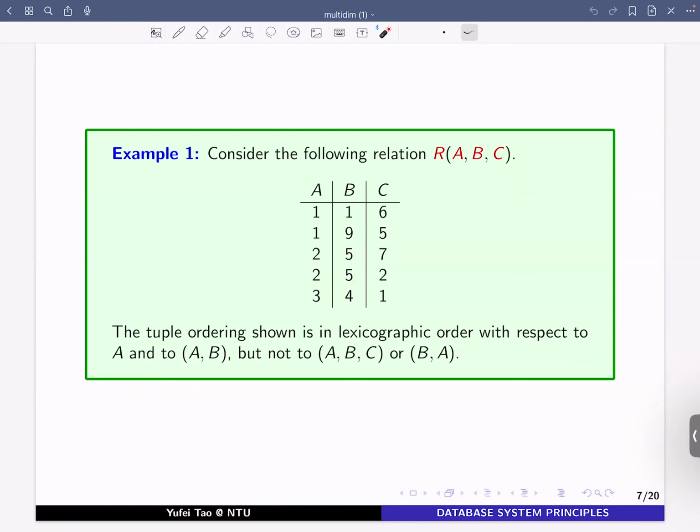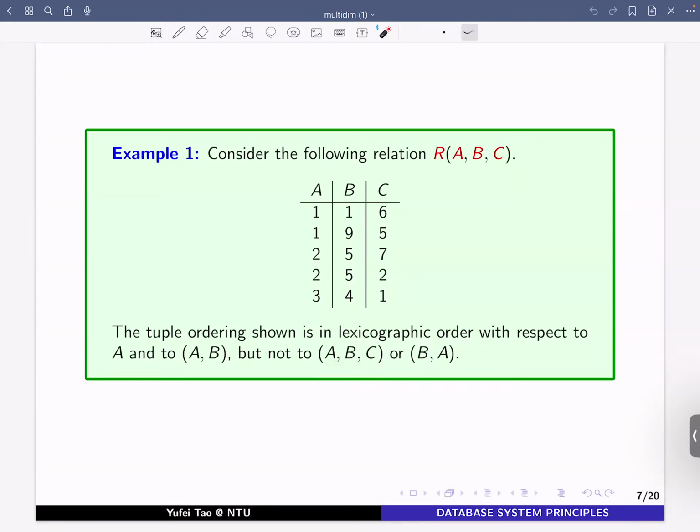So now the comparison proceeds to C. And you can see 257, this 7 is actually greater than 2. So according to a lexicographic order on ABC, you would have to move 252 before 257, right? But this is not the case here. And therefore, you cannot say that these tuples are sorted according to ABC, all right?